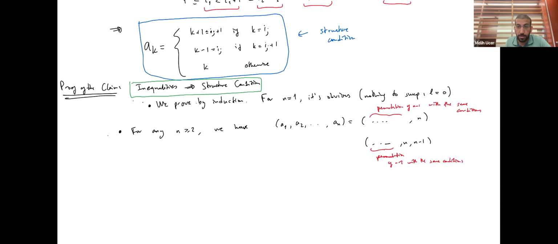So in this case, there will be some pairs swapped, and the last one is not in the swaps, right?